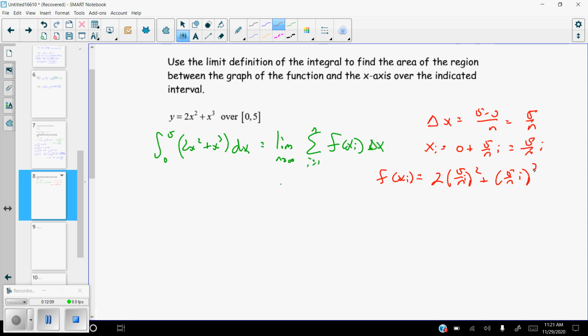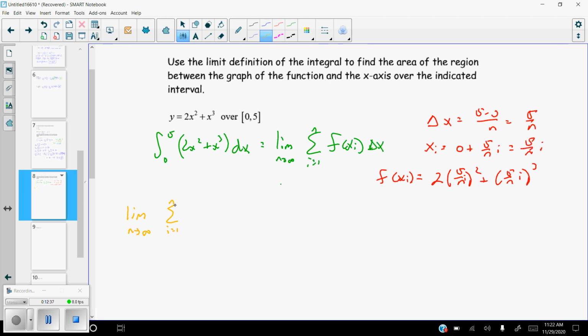Okay, let's go ahead and substitute all that stuff in now to our limit, and we should be able to evaluate. So the limit as n goes to infinity of the sum of f of x sub i. I'm actually going to simplify this. The (5 over n i) squared is going to give me 25 over n squared i squared.